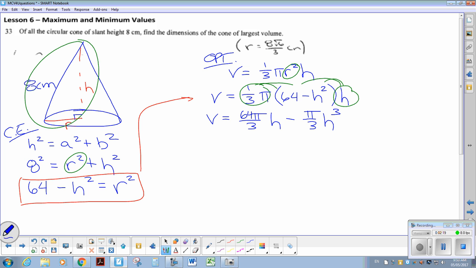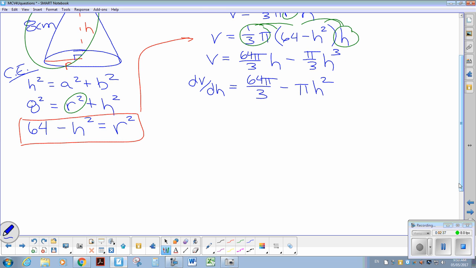All right. So now I can take the change in rate of volume with respect to the height. Taking the derivative, I'm left with 64 pi over 3 minus, the 3's would cancel, so it would be pi h squared. We're optimizing, so we're going to let the change in volume with respect to height equal 0.